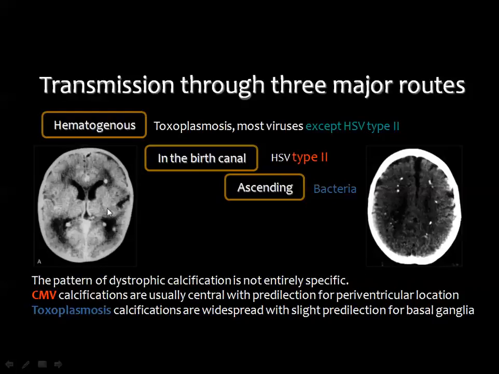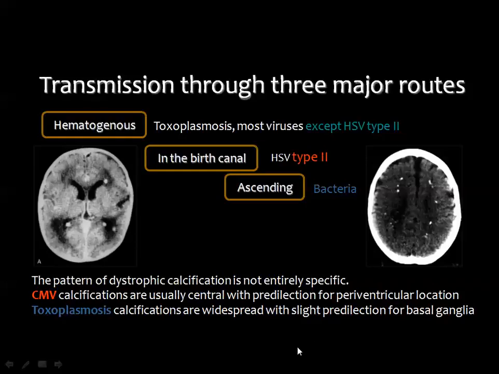Then the presence of calcium in the periventricular area is usually suggestive of an intracranial infection, and this calcium or the distribution of calcium may suggest the type of infection. However, this is not conclusive.